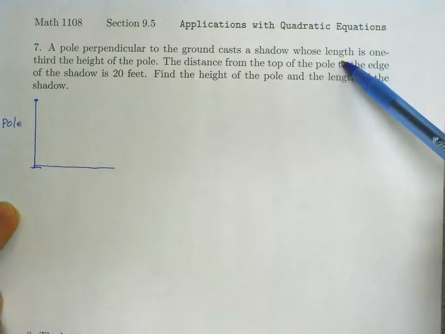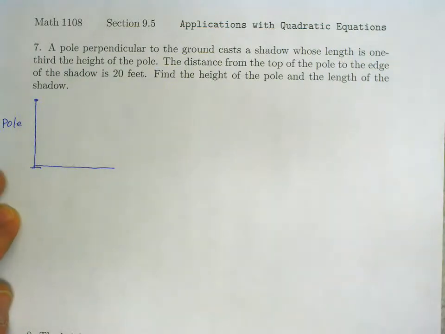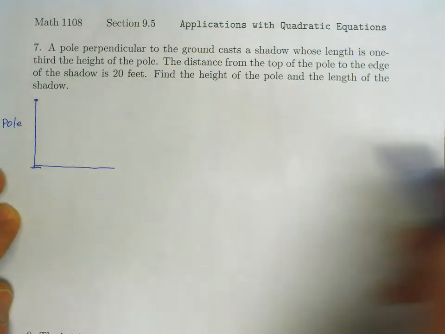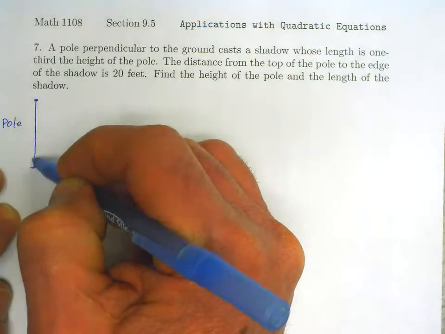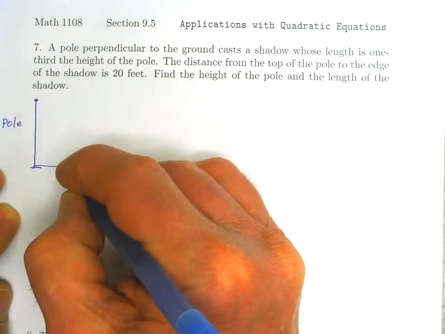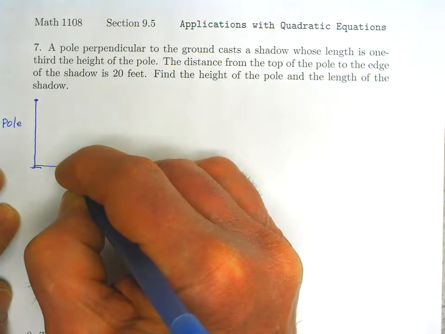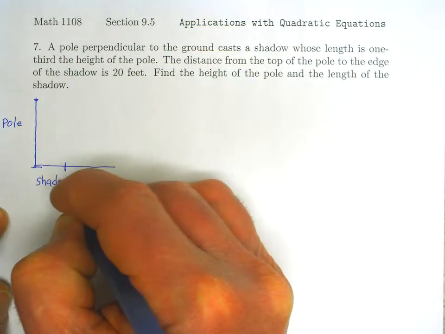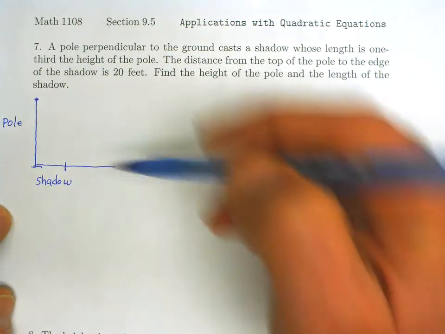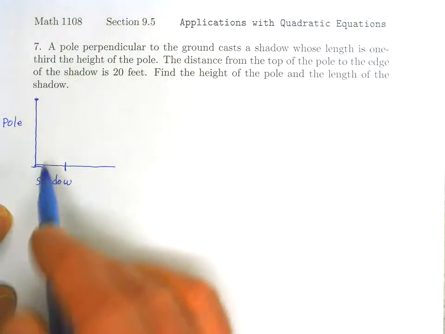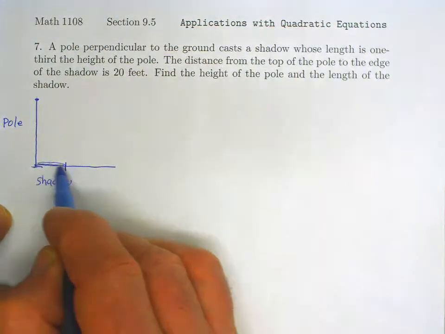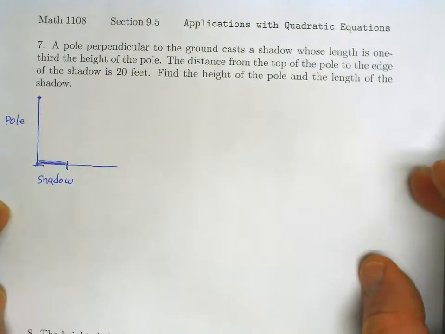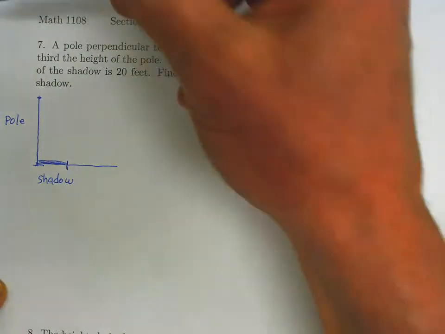The length of the shadow was 1/3 the height of the pole. So this is the pole, its height, and then the shadow, this won't necessarily be to specifications, but let's suppose this is the shadow of the pole. So the sun is up here somewhere.